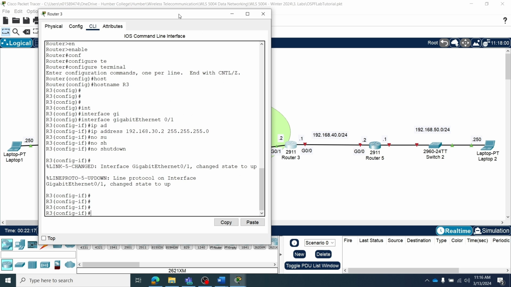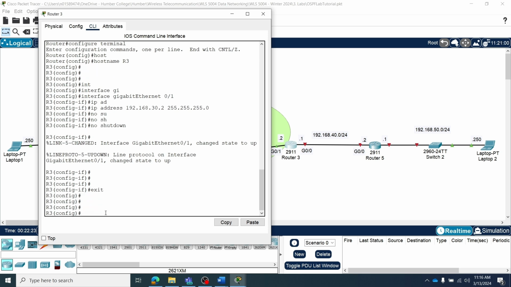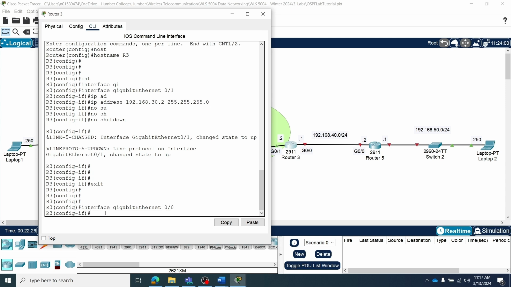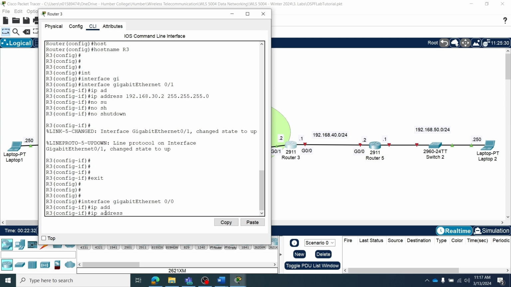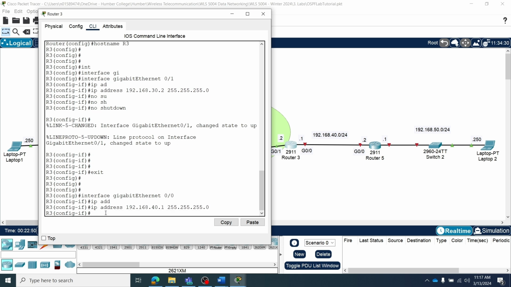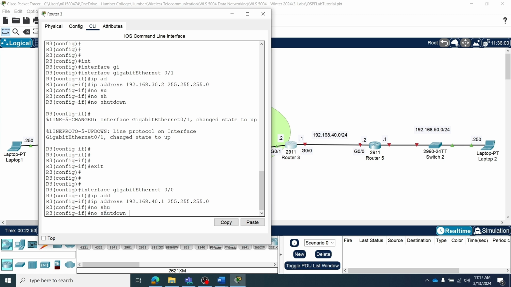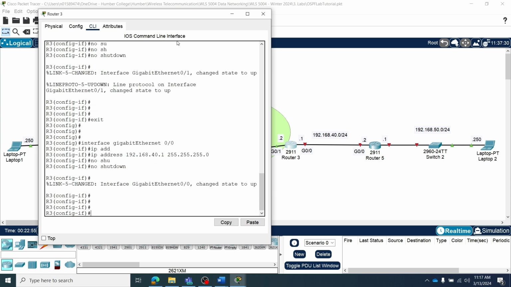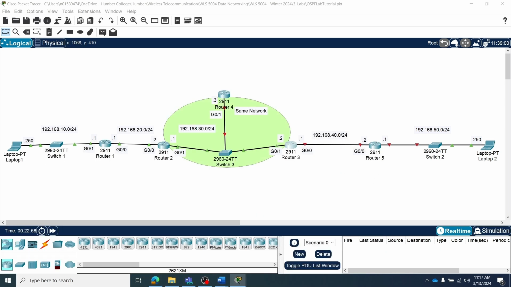And now we need to configure the IP address on gigabit Ethernet 0/0. Interface gigabit Ethernet 0/0, then IP address 192.168.40.1, 255.255.255.0, then no shutdown. So router 3 IP configuration is completed.